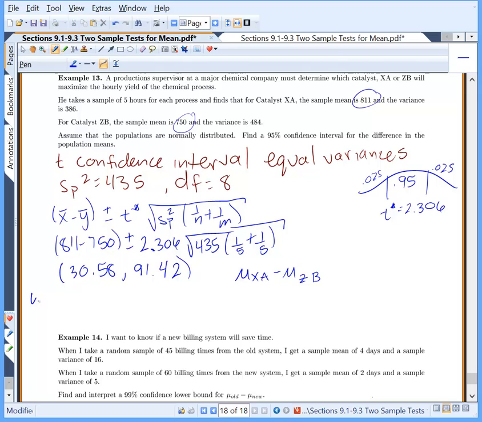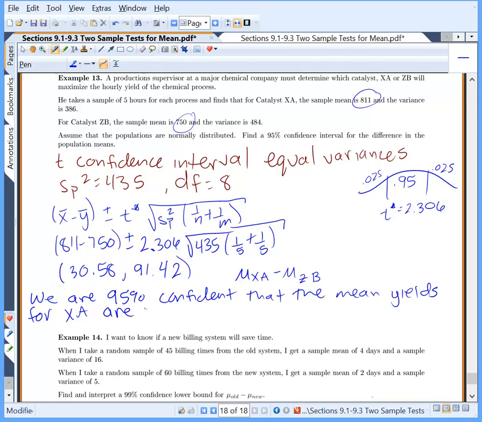So when we interpret it for our boss, we are 95% confident that the mean yield for XA is between, or is between, so the mean yield is singular. Mean yield for all of the times you do the process.